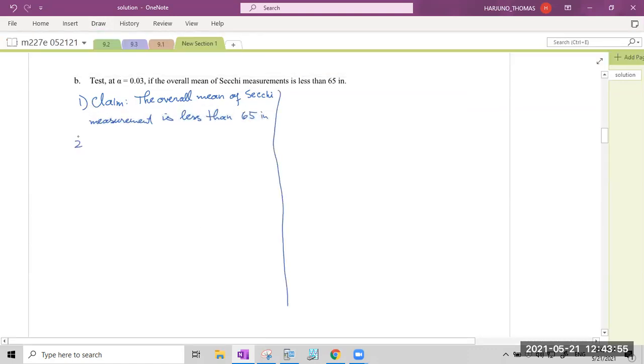Okay, step 2, hypothesis. Mu is less than 65. That's mu is greater than or equal to 65. Now the claim is here, and therefore that's a left tail.